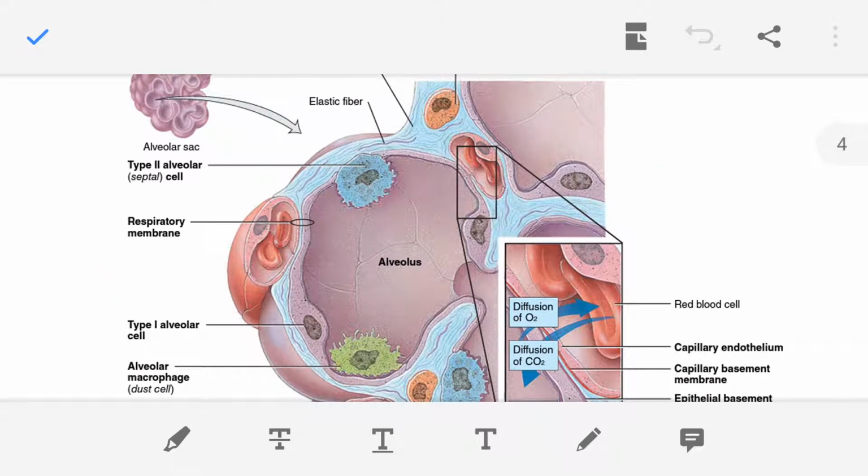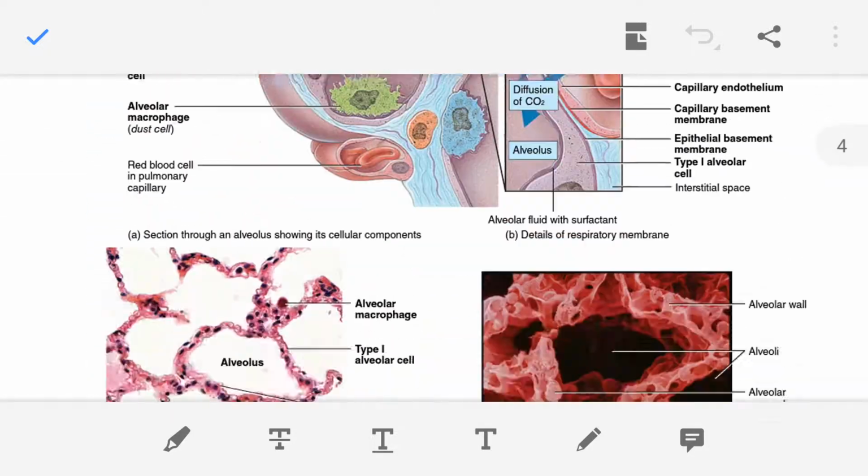So now we are moving on to the fourth point of our discussion.